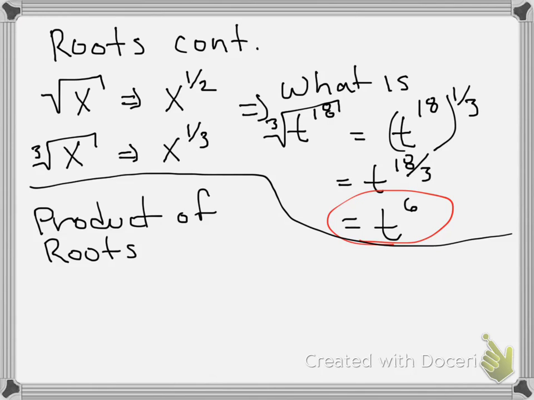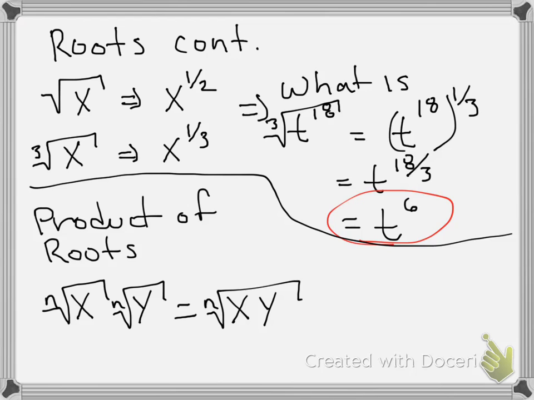So let's look at the product of roots. If we have the nth root of x times the nth root of y, we can rewrite that as the nth root of x times y. This only works if all of these roots are the same.